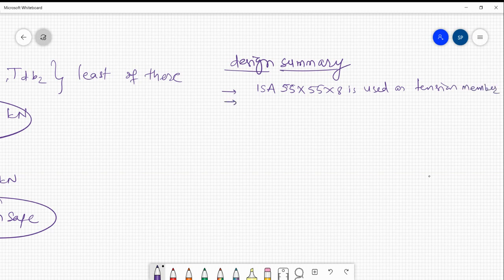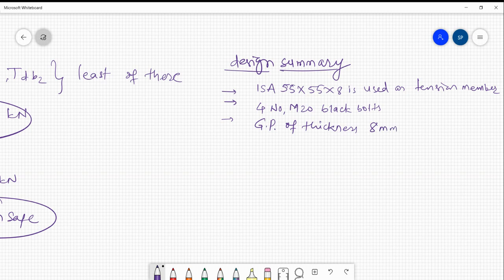Then for connections, 4 numbers of M20 black bolts are used. You can write down pitch and edge distance values as well. 50 mm is the pitch and edge distances are 40 mm. And the gusset plate used for connection is of thickness 8 mm.